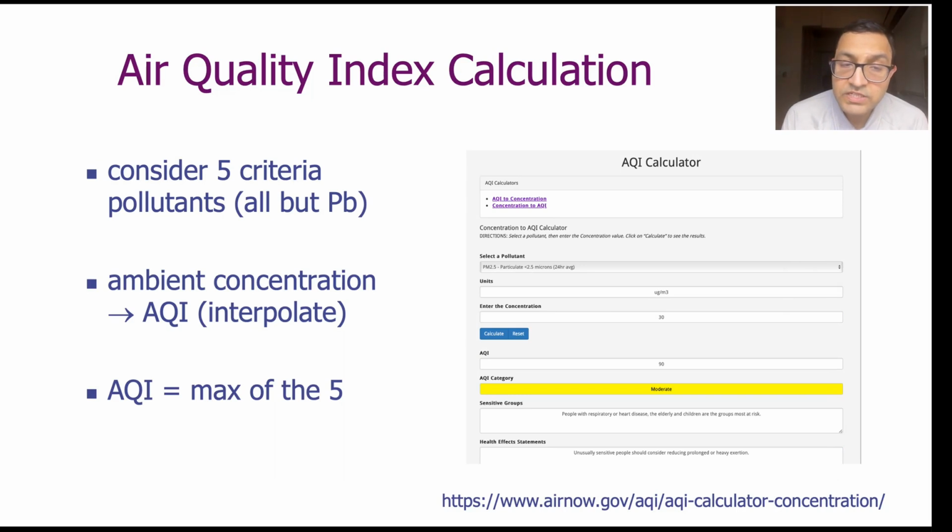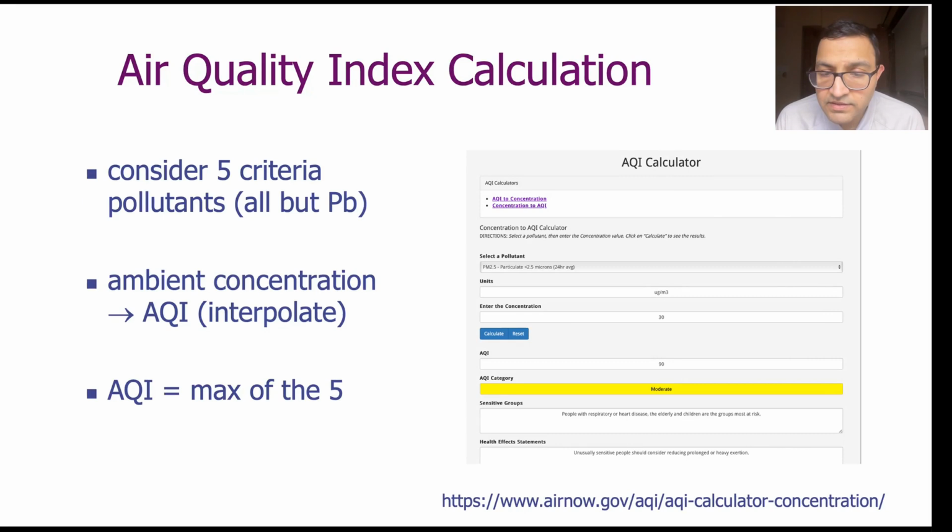So basically, you would interpolate it mathematically, or sometimes even extrapolate it mathematically, to the range of values given, and we'll take a look at that in a moment. So you calculate the AQI based on interpolation for all the 5 criteria pollutants, and then the maximum of those 5 is what would be the AQI.